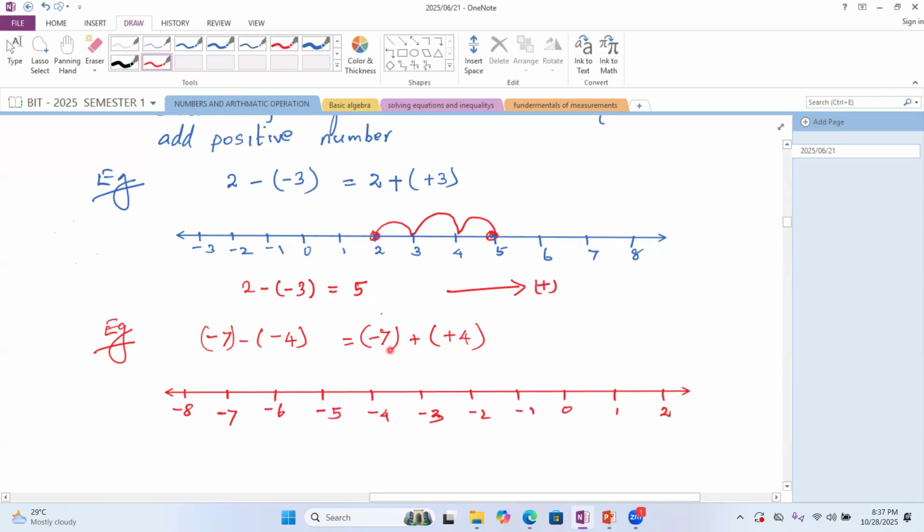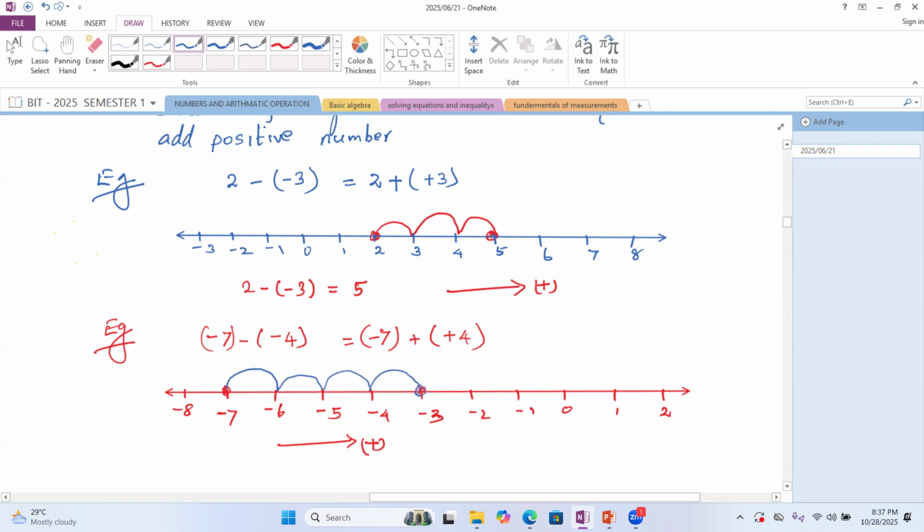Here first we write -7. Start with -7. Now add 4 units in the positive direction. Adding a positive number, 4 units in the positive direction: 1, 2, 3, 4.